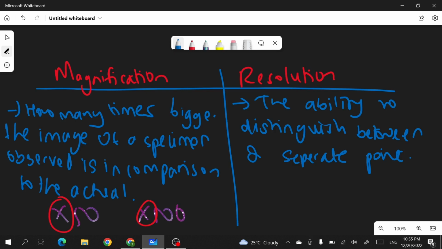In magnification, when you magnify using lenses, etc., you know how many times bigger the image is in comparison to the actual one. The actual one is usually very small, really tiny, in micrometers, nanometers, etc. But you are able to see it using a light microscope, which is available in your school laboratory. You don't have the electron one, which is really expensive.